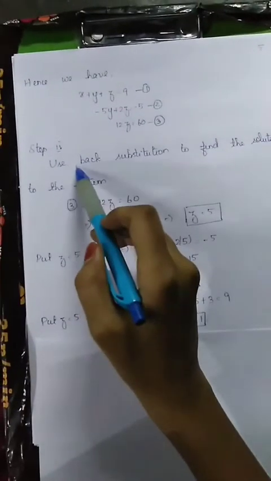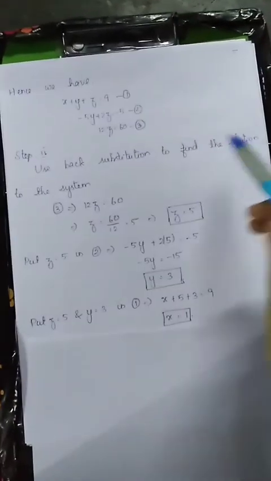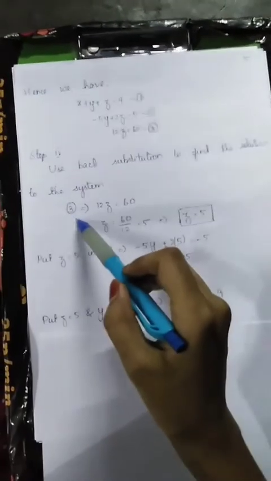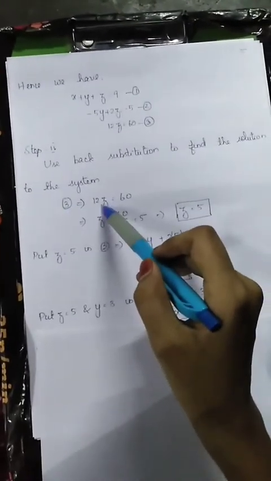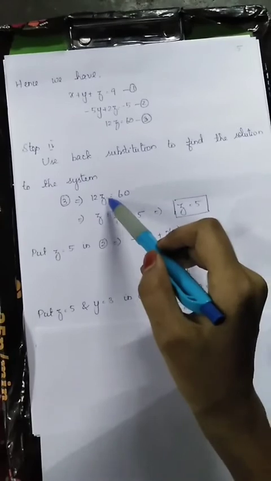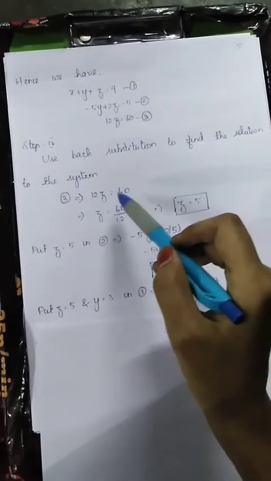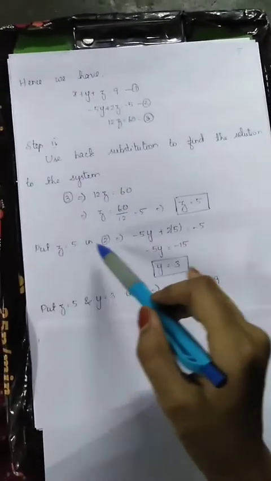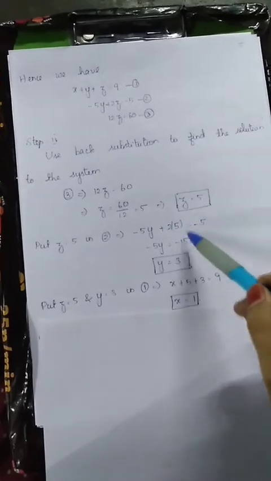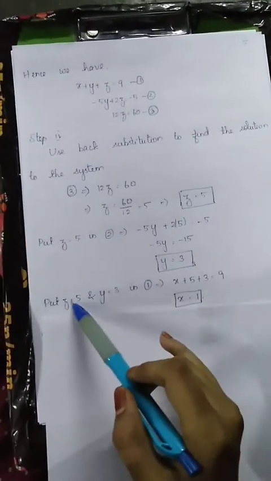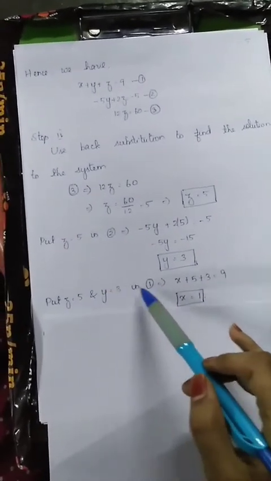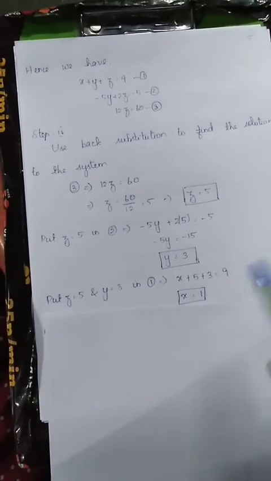Step 4: use back substitution to find the solution to the system. From equation 3, we get z = 5. Put z = 5 in equation 2, which implies y = 3. Put z = 5 and y = 3 in equation 1, which implies x = 1.